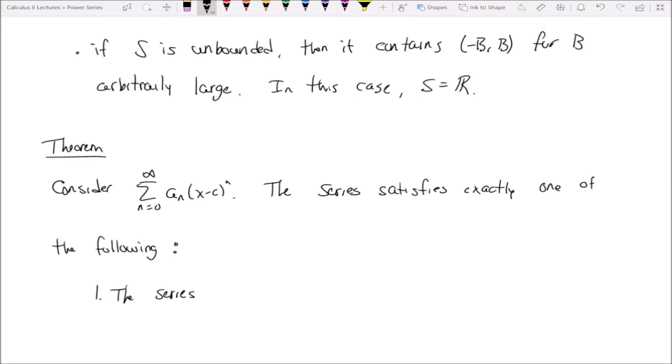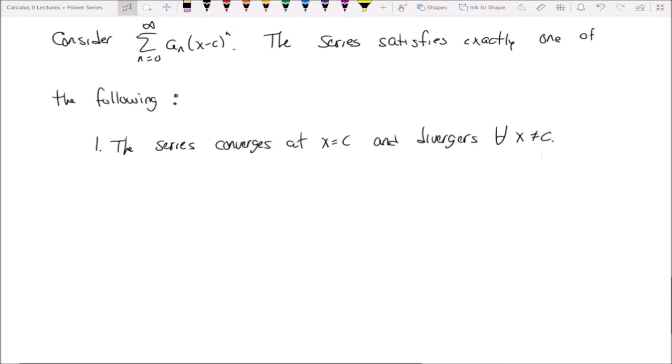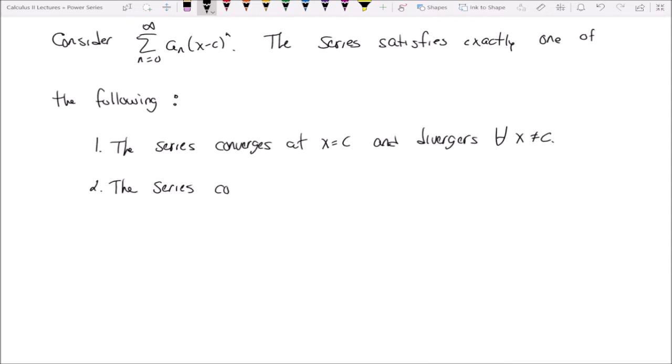The series converges at x equals c and diverges for all x not equal to c. The series converges for all real numbers.